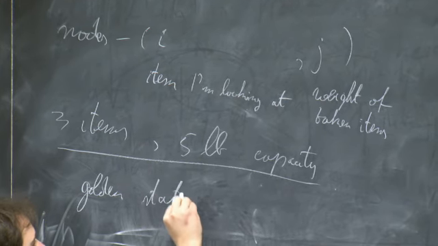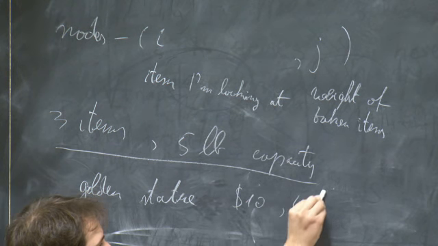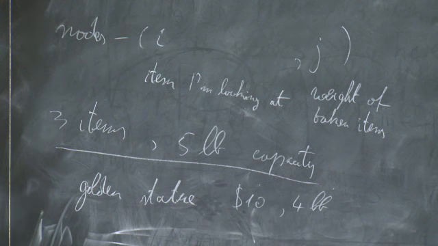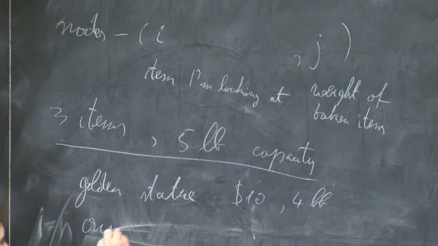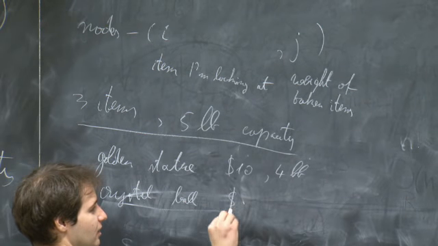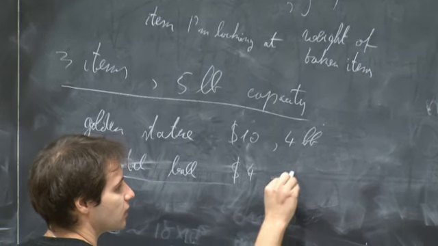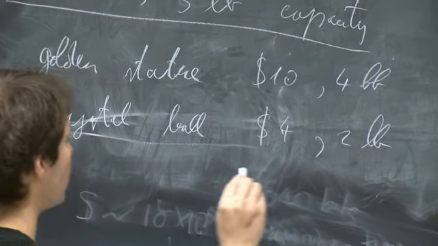golden statue, value 10, weight 4 pounds. These are $1,800 when money actually used to be worth something. Crystal ball. You can sell this for $4 and it weighs 2 pounds.